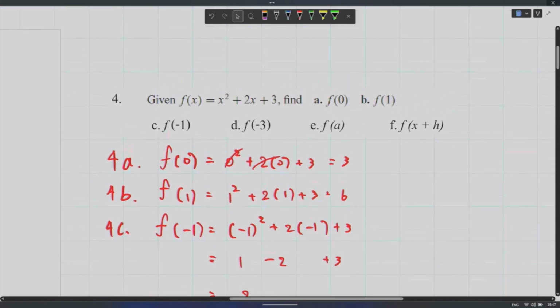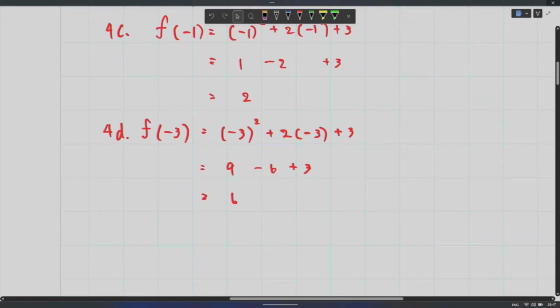Next, 4e, f of a, which is just substituting the x with the a.